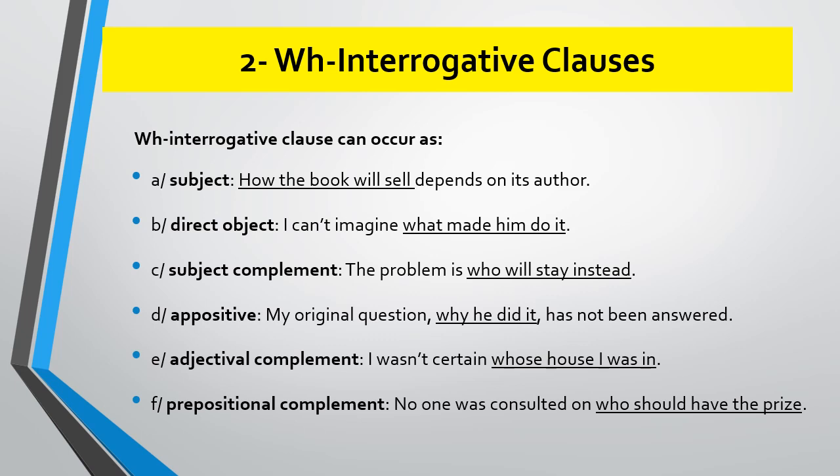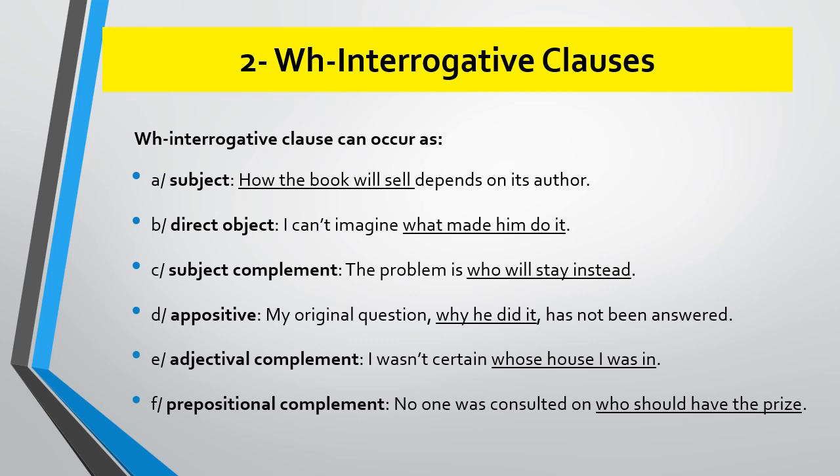Now, prepositional complement, it is very easy. Whenever we have a preposition followed by a noun or a nominal clause, this is a prepositional complement, and some scholars call it the object of the preposition. So, let me read the example. No one was consulted on who should have the prize.